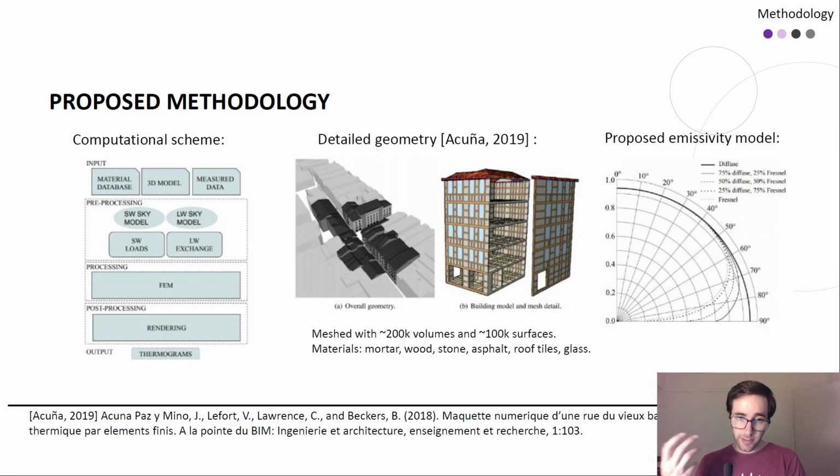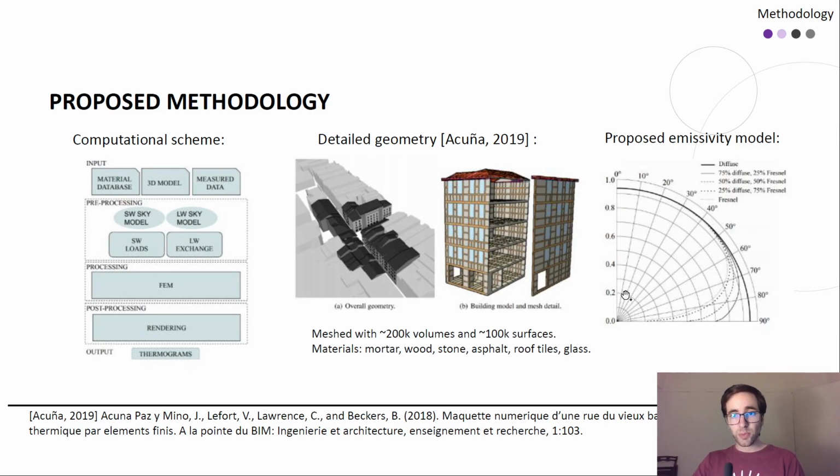Particularly, another important thing is that in shortwave or in light, the light sources are few, and then typically all the rest of the materials or the objects reflect light. Here, all the objects emit light. It's like having a lot of light sources, typically area light sources dispersed throughout the scene. So the output here, of course, is the thermograms, or the rendered thermograms.